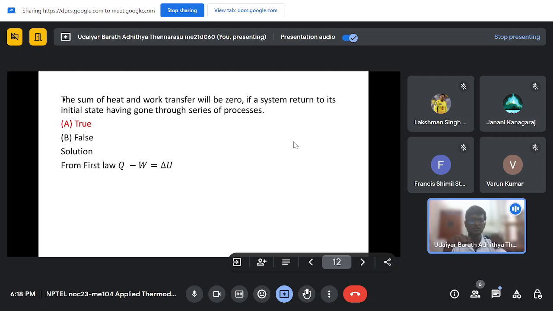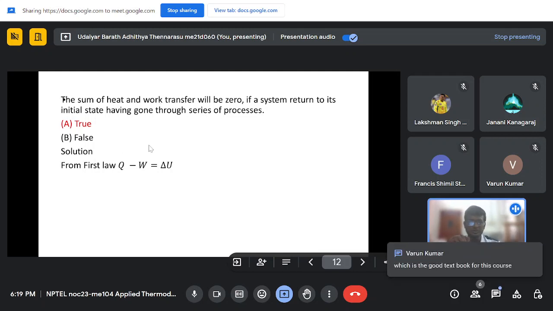So if it has gone through its cycle, there will be no change in the property. Internal energy being a property of the system, after reaching its initial state, there will be no change in the internal energy. So this will become 0. So the sum of heat and work will be 0. So the amount of Q and the amount of W will be the same.